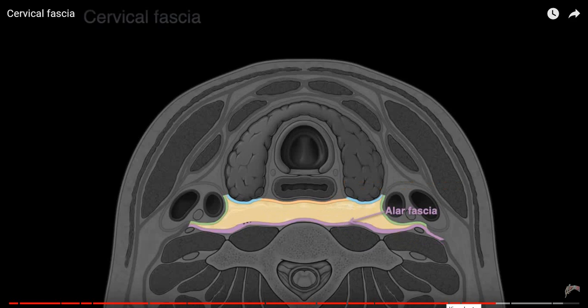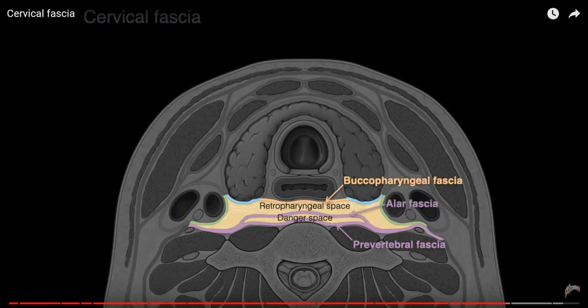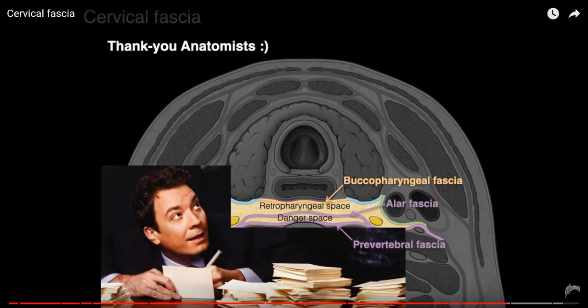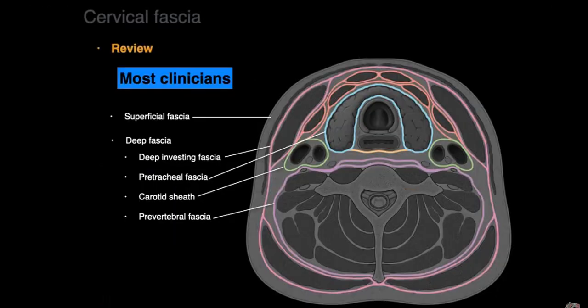And so what happens is you see that dark line, that's an infection spreading that goes poof, and it pushes the alar fascia away from the prevertebral fascia, and you form the danger space. And then the rest of the opening in front of it, that's the retropharyngeal space. So you can say retropharyngeal space looks like that or like that. Either one. Thank you, anatomists, for making that fascias of the neck.